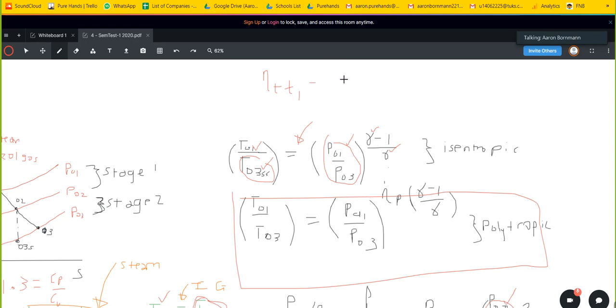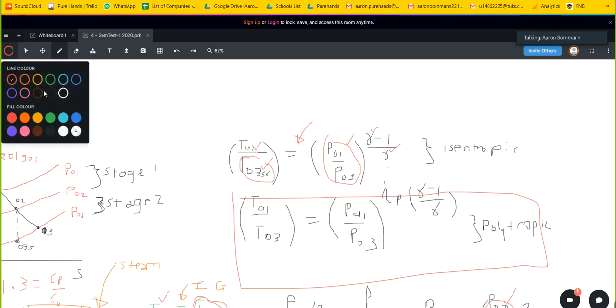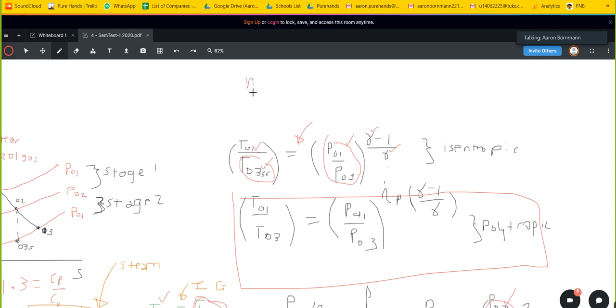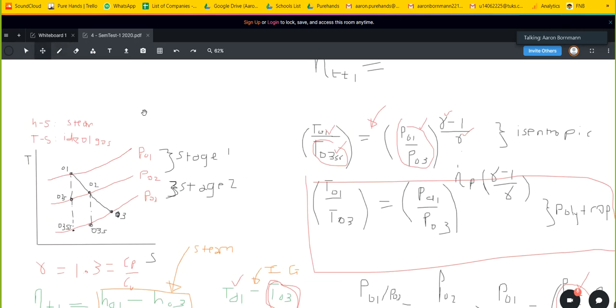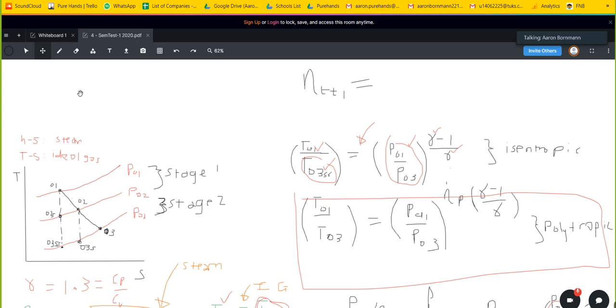They told us that NCT1 is equal to, if you look at your diagram, this is why your diagram is so important.